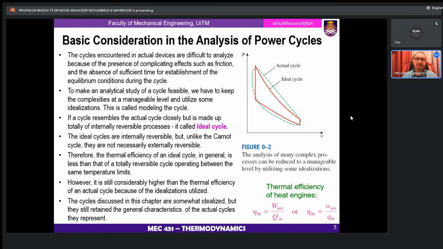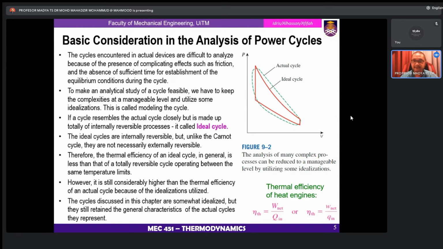Okay, so as you see in the graph of pressure versus specific volume, there are two cycles. The red one, the straight line, and the other one is the green dotted line.